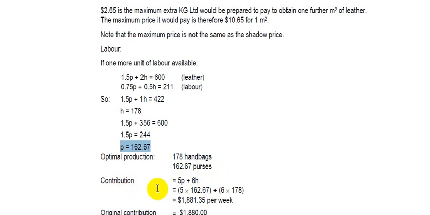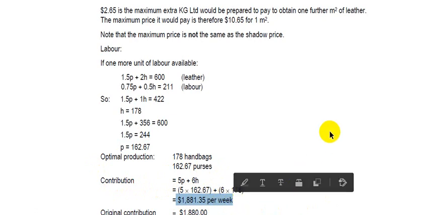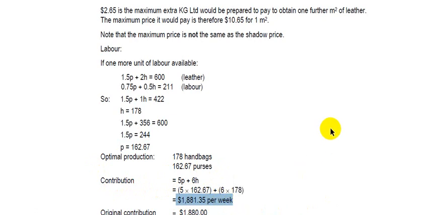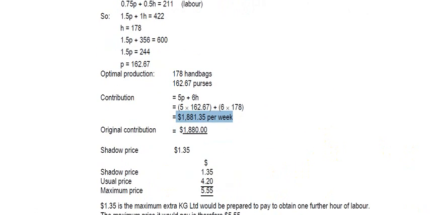Substitute in the objective function, you get 1881.35. Subtract from your original contribution, you get your shadow price of 1.35.